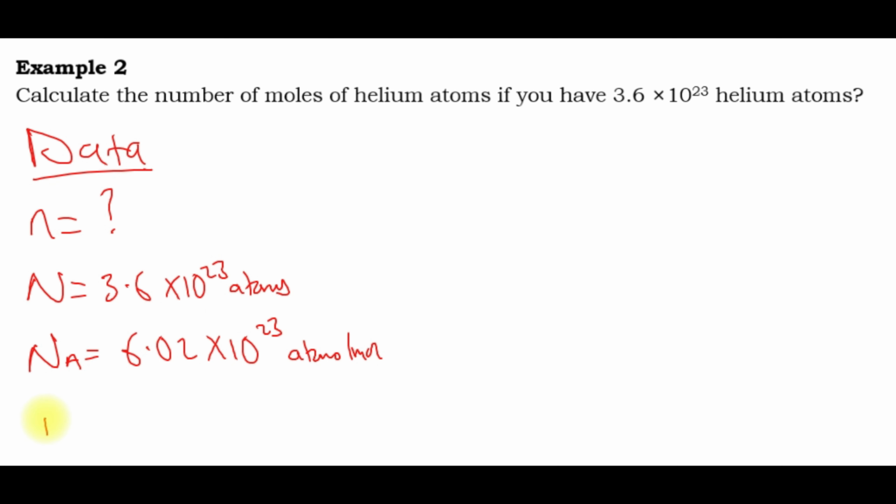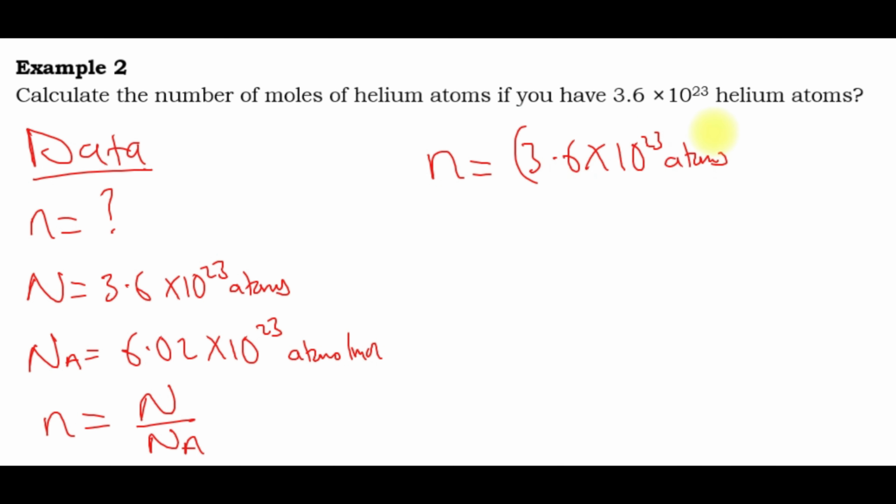What formula are we using? Number of moles is equal to the number of particles over the Avogadro's number. Okay, so we're going to say number of moles is equal to 3.6 by 10 to the power 23 atoms. Put that in brackets or parentheses. Then divided by 6.02 by 10 to the power 23 atoms per mole.